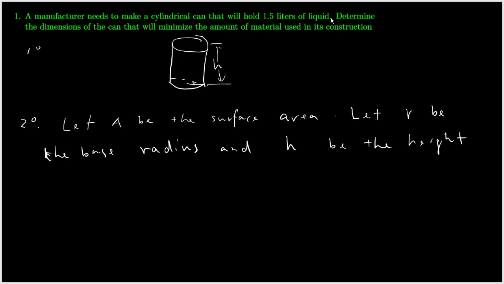Again, the most important variable you need to introduce is the quantity to be minimized or maximized. In this particular case, we want to minimize surface area, right? And then you have a formula for computing the surface area. It's in terms of the base radius and the height. So very shortly, you're going to see that. That's why I need to introduce the base radius and the height. Does that make sense?